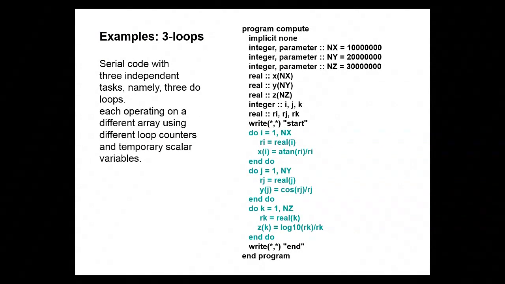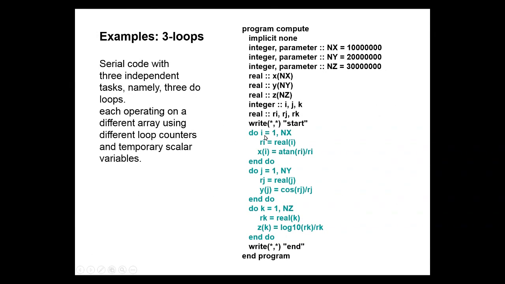For example, if you have a code with several do loops to run, you can certainly use loop parallelism to parallelize each loop separately. That normally is the case, and pretty much that's the approach you want to go.